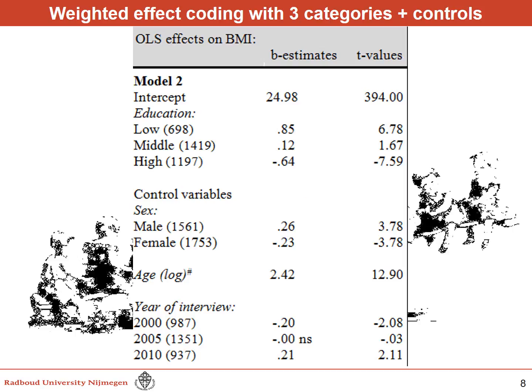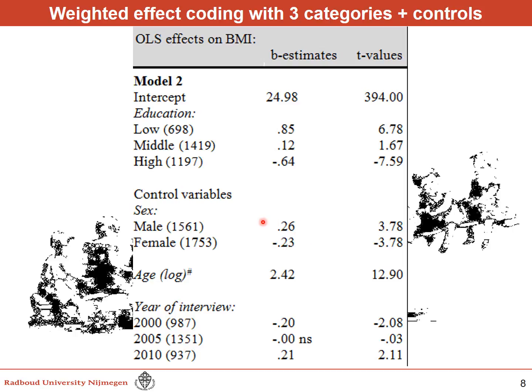As you can see, the estimates for males and females are almost each other's counterpart, and they almost add up to zero. That means that despite the fact that we weighted effect coded these variables, it doesn't have much influence on the estimates because the number of observations is quite equal. If you would like to take into account the different numbers of observations, it really makes a difference when you have large differences in observations.